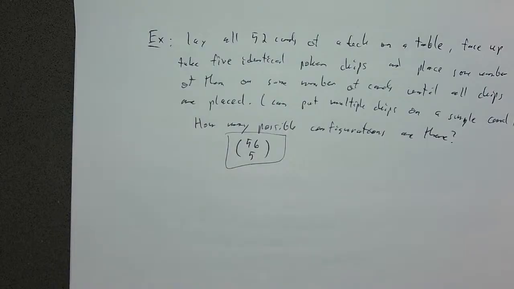Why does this make sense? Because the act of placing the poker chips you could think of as a method for selecting a 5-card poker hand from an inexhaustible printing of all the cards. How so? If you put all 5 poker chips on the ace of spades, that would denote a 5-card poker hand where you were dealt 5 aces of spades, right?